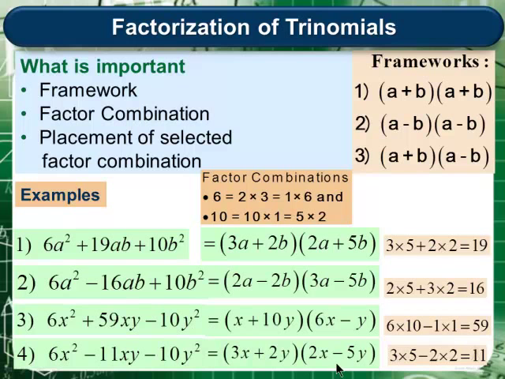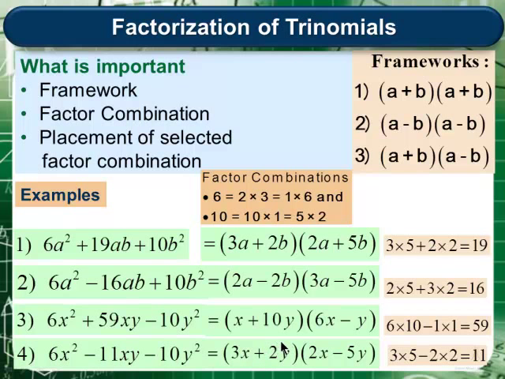So just check again. If we multiply out here with the middle terms, 2 times 2 is 4, and the outer terms, 3 times minus 5 minus 15, gives us the minus 11. So remember, your middle terms multiply together and the outer terms in combination determines the middle term.